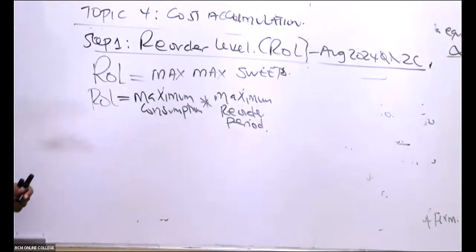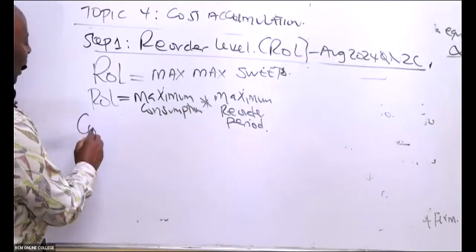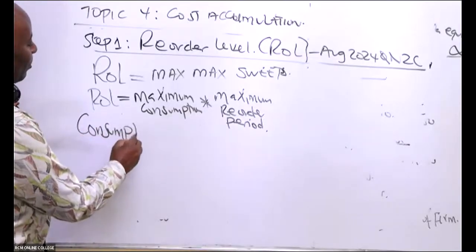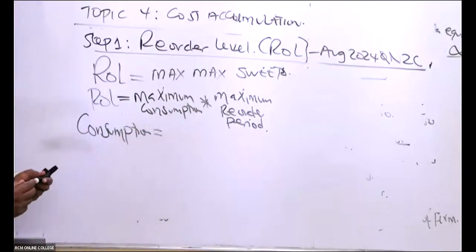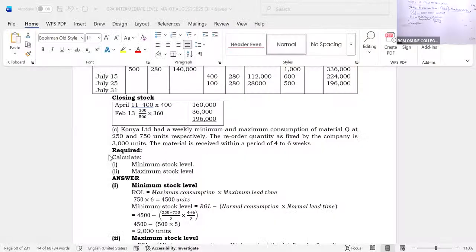So then please give me the consumption. This examiner has given me the consumption, the number of units we shall be consuming. We have minimum and maximum consumption, 250 to 750. How about reorder period? Reorder period is 4 to 6.